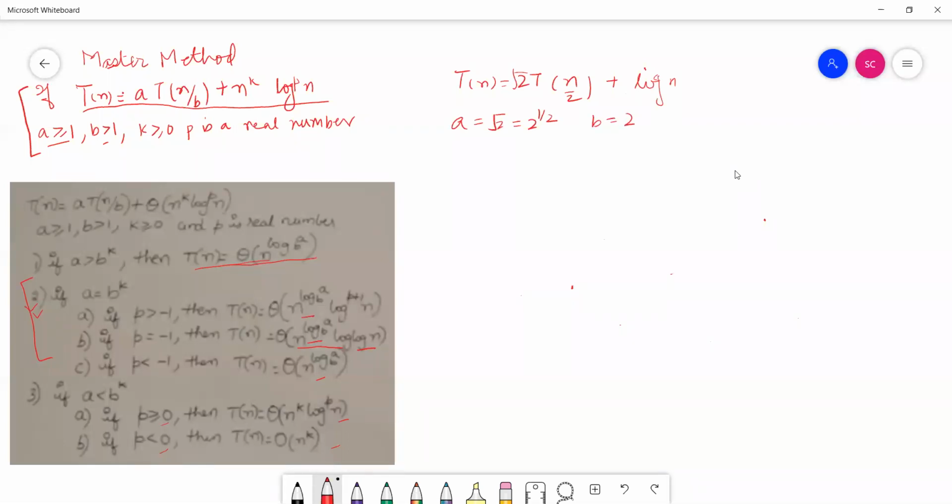The value of k is 0 and the value of p is 1. Again we'll check: this is 2 to the power 1/2, this is 2 to the power 0. Obviously this is greater, because under root 2 is 1.41 and this is 1. Since it is greater, case 1 will apply.